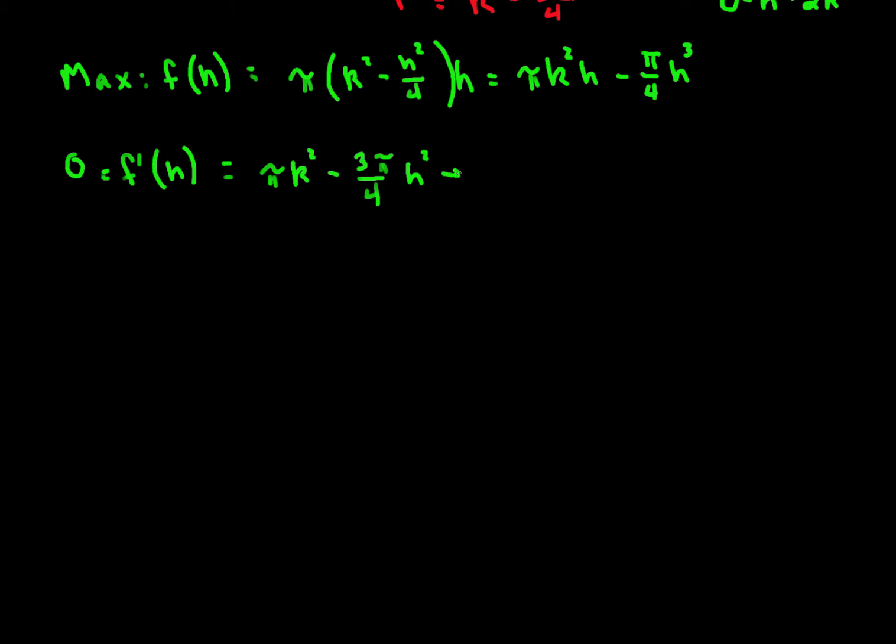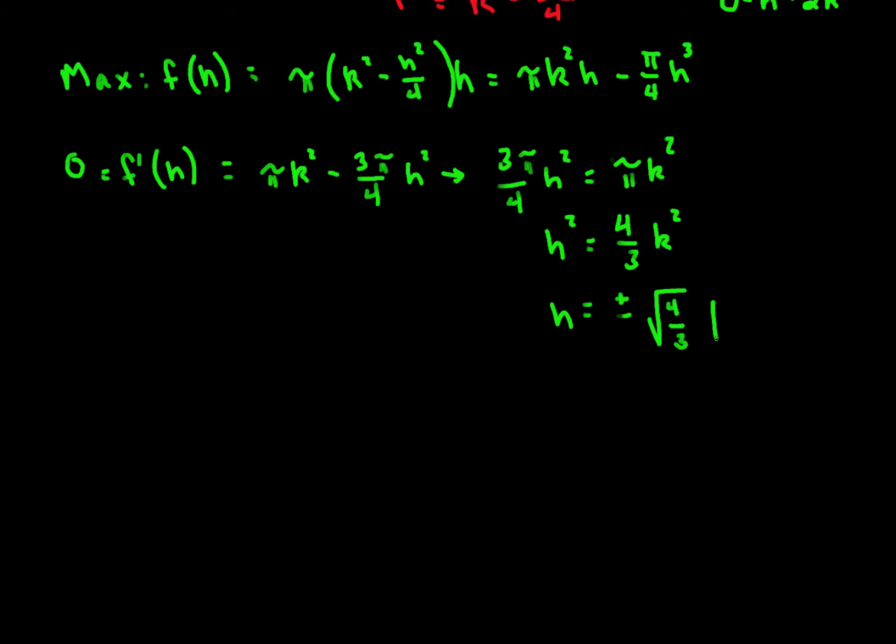So this tells me that 3 pi over 4 h squared has to be equal to pi k squared, which says that h squared has to be 4/3 k squared. The pi, when I divide through, will cancel. So h would have to be plus or minus the square root of 4/3 k.